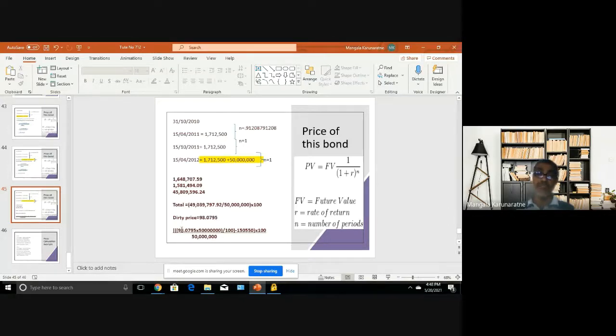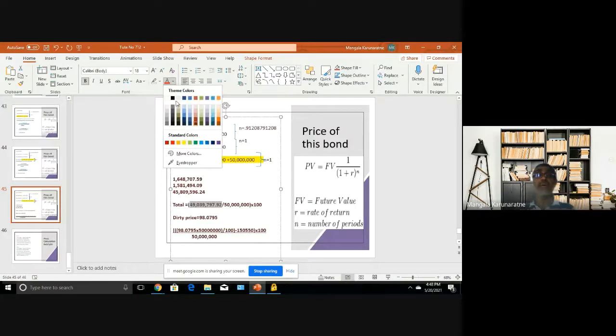98.0795. So now why do we do this? We could have deducted this 150,550 from the total we got, right? This amount, I hope you can see.